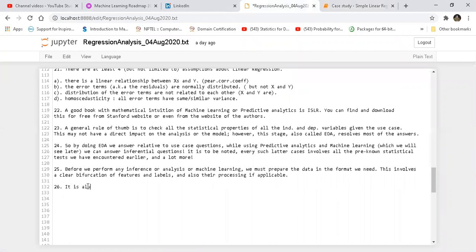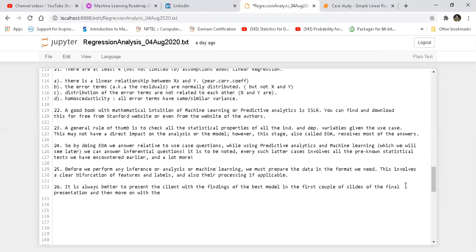It is always better to present the client with the findings of the best model in the first couple of slides of the final presentation, and then move on with the explanations and EDA outputs.